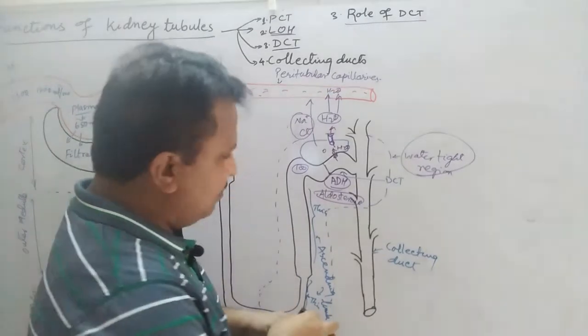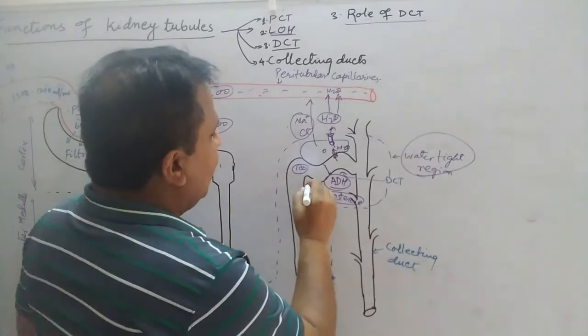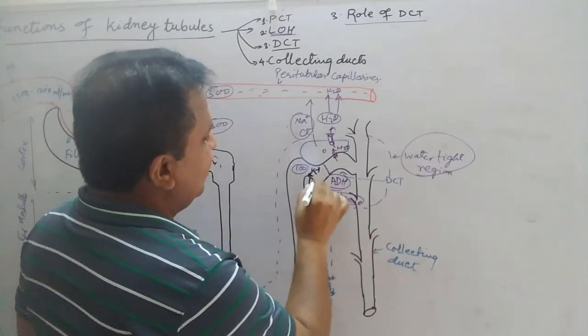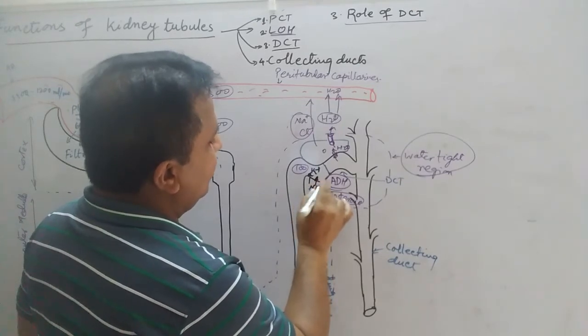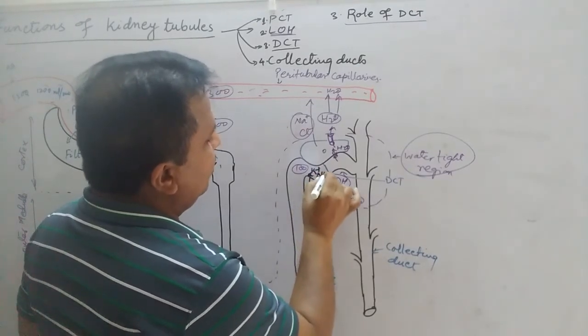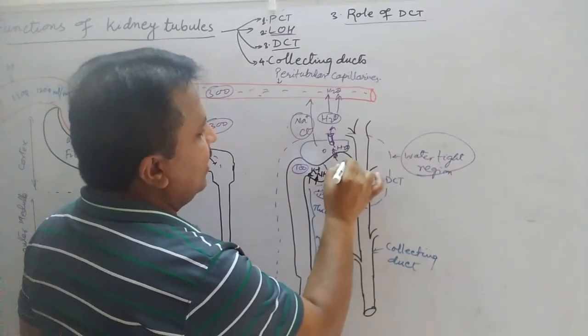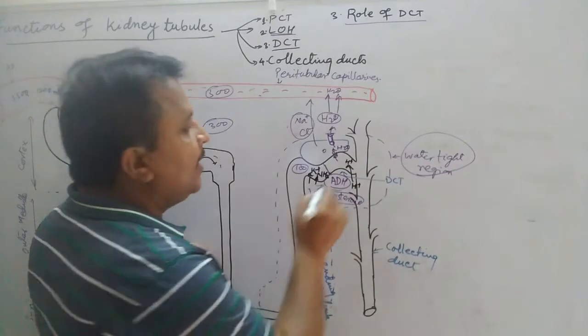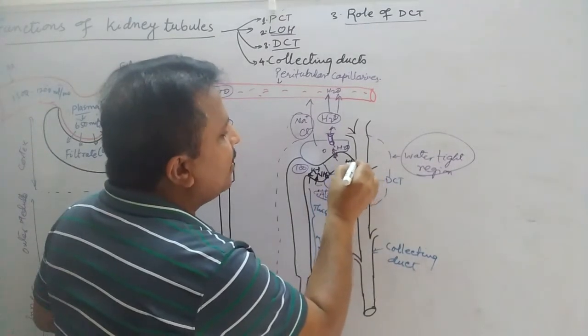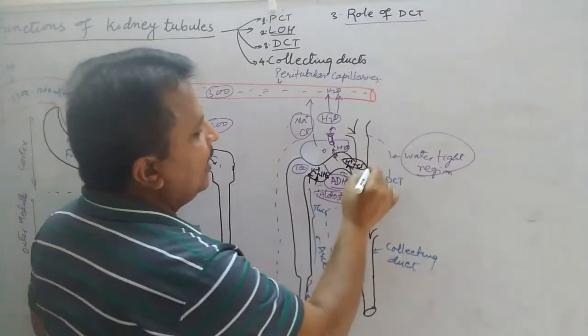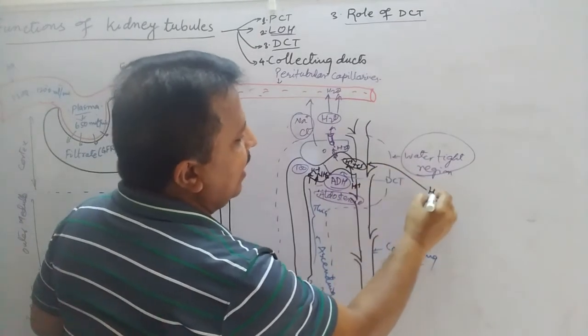Here some K+, NH3 and H+ ions will be added. This H+ ion will combine with chloride and turn into HCl.